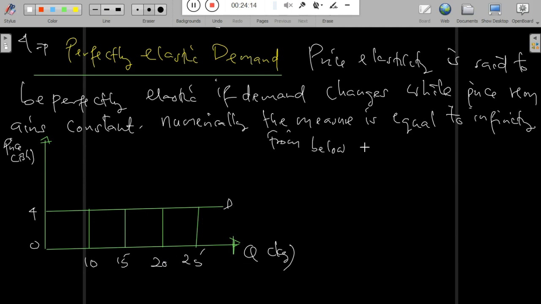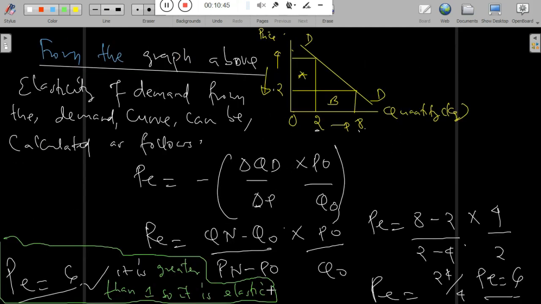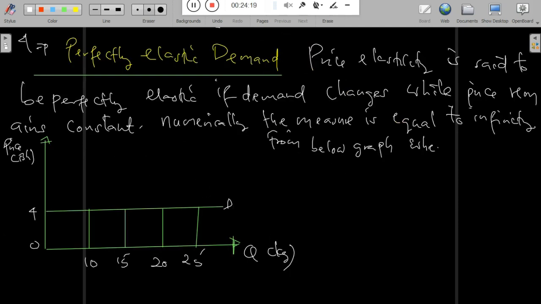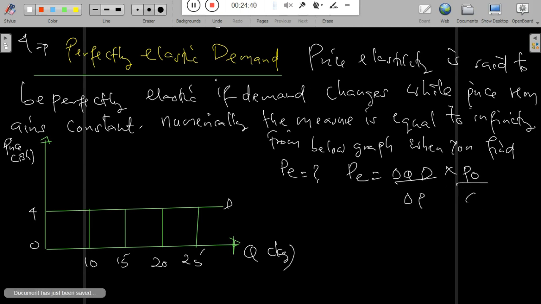But it shows that the quantity demanded changes at different points: 10, 15, 20, and 25 kilograms, as you can observe. So various quantities are demanded at the same price of 4 Tanzania shillings.